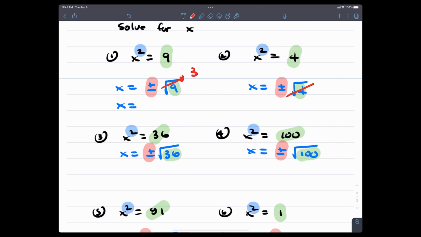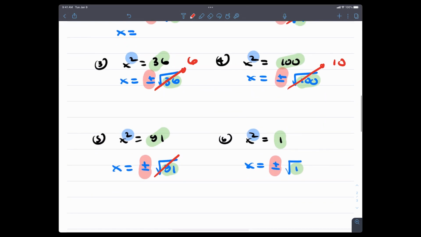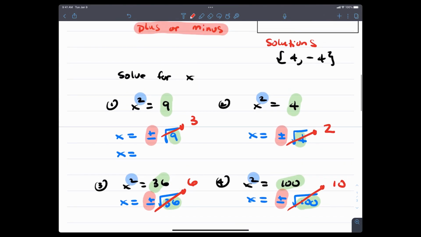What's the square root of 4? Outstanding, square root of 36. Outstanding, square root of 100. Outstanding, square root of 81. Outstanding, square root of 1. Outstanding. So, ladies and gentlemen, this means x here is plus or minus 3.